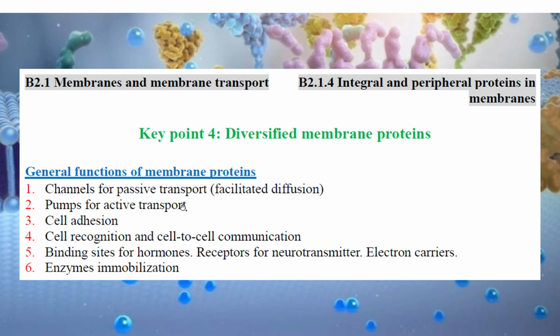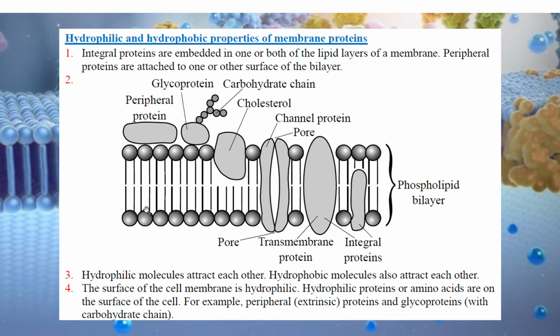And pumps for active transport against the gradient, against the concentration gradient, from low concentration to high concentration. Cell adhesion, cell recognition, and cell-cell communication. Binding sites for hormones, receptors for neurotransmitters, electron carriers, and enzyme immobilization. We'll talk about the first few first, okay? And you need to remember all the things. First of all, remember the names, okay?